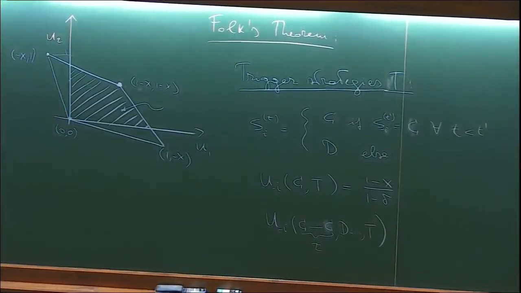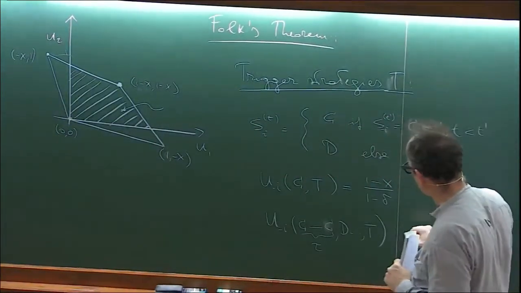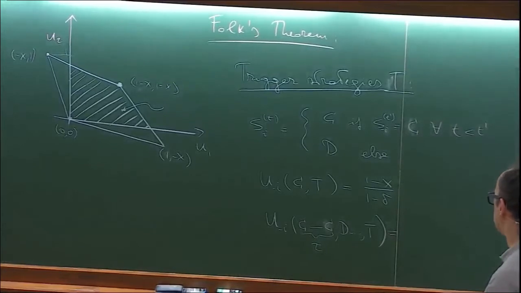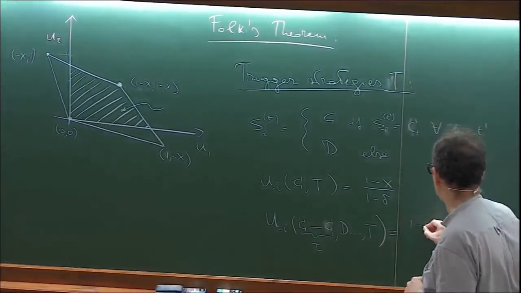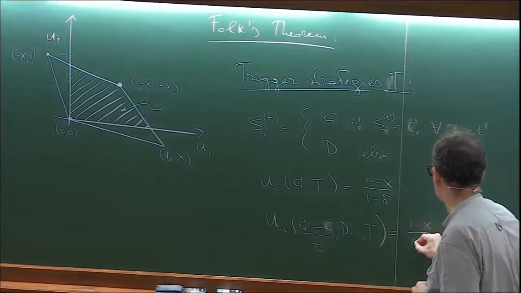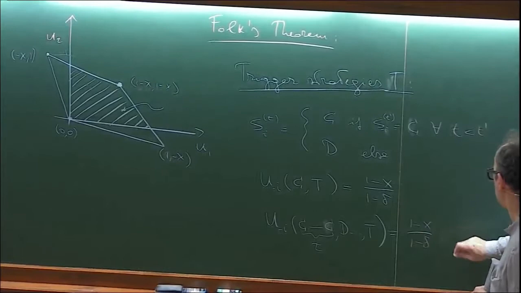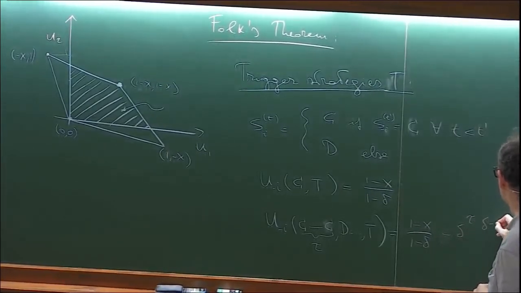There is no reason why you should start cooperating again. You can compute this, and it is essentially a simple calculation, but if you do this, you get 1 minus x minus delta to the tau times delta minus x, divided by 1 minus delta.